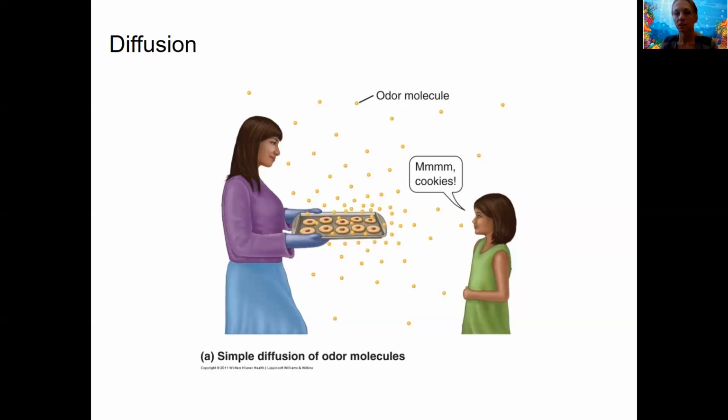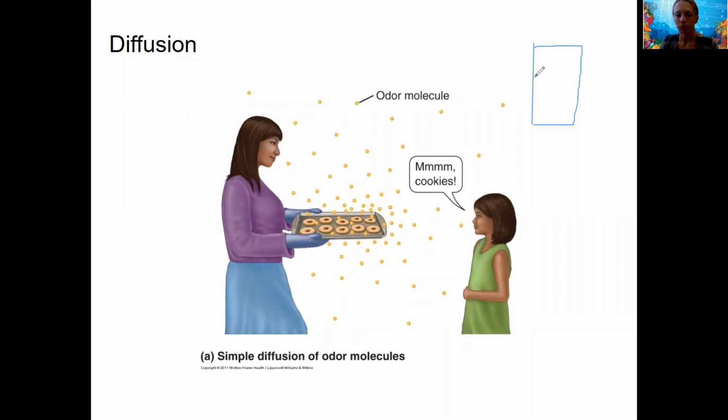So this same idea that's shown here would be true for a container, right? If you had a small area with a bunch of molecules in a container, over time, those would spread to be evenly distributed throughout the entire space.